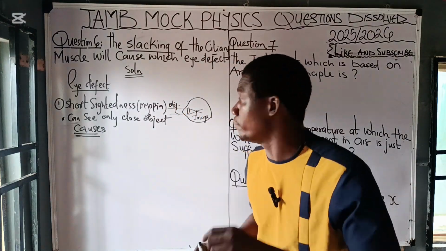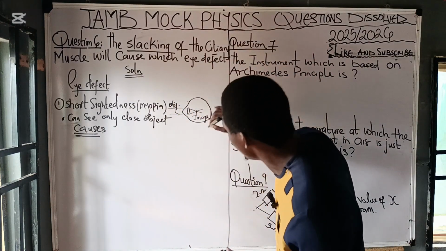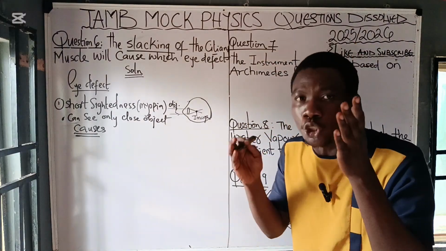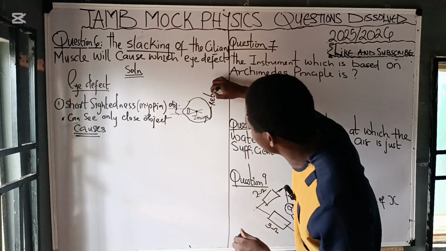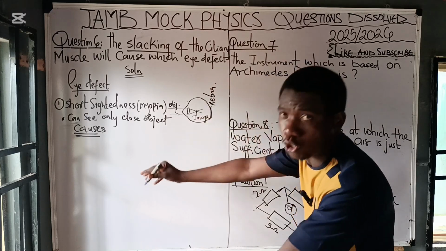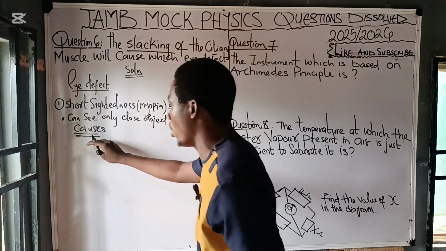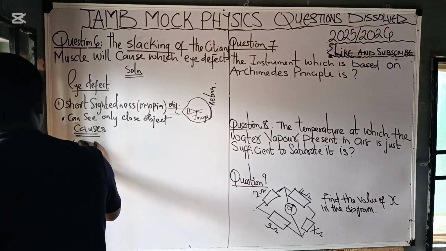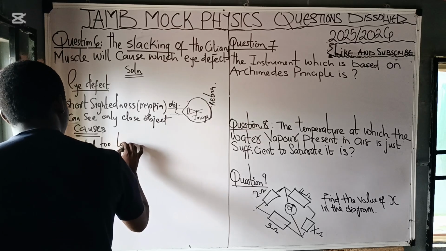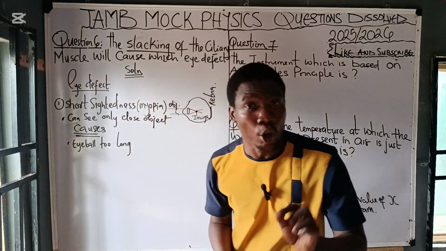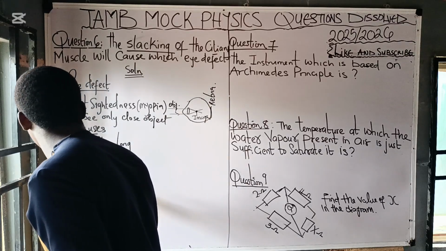So to be short-sighted means that the eyeball is too long. This place, which is known as the retina, is where the image was supposed to appear, but now it is in front of the retina. Because the eyeball is too long. So the causes: number 1, eyeball too long. That's number 1 cause of short-sightedness. Now number 2, we can say that the lens is too converging.